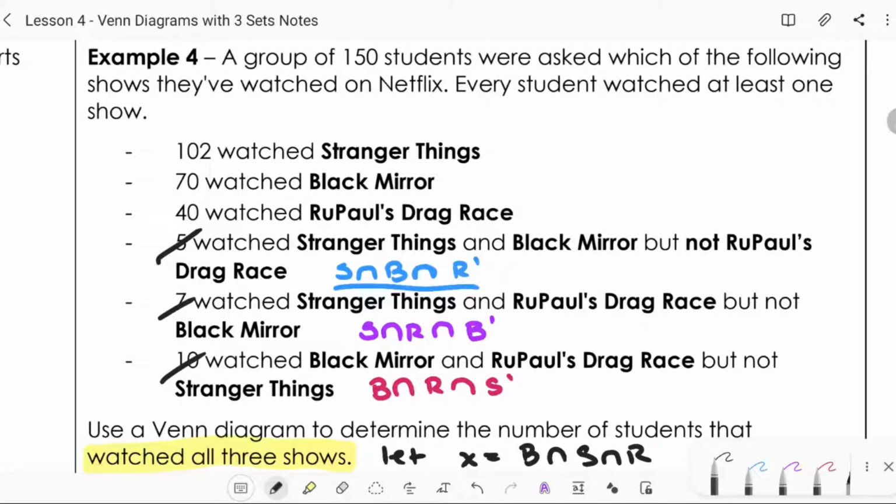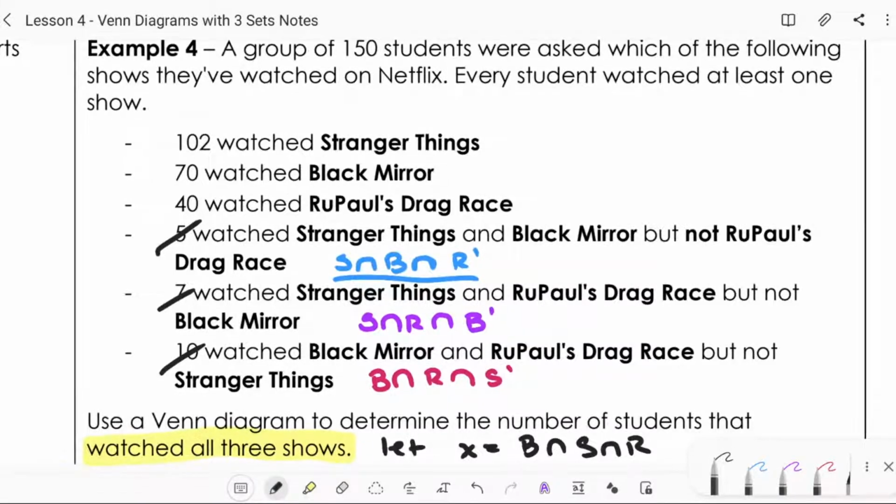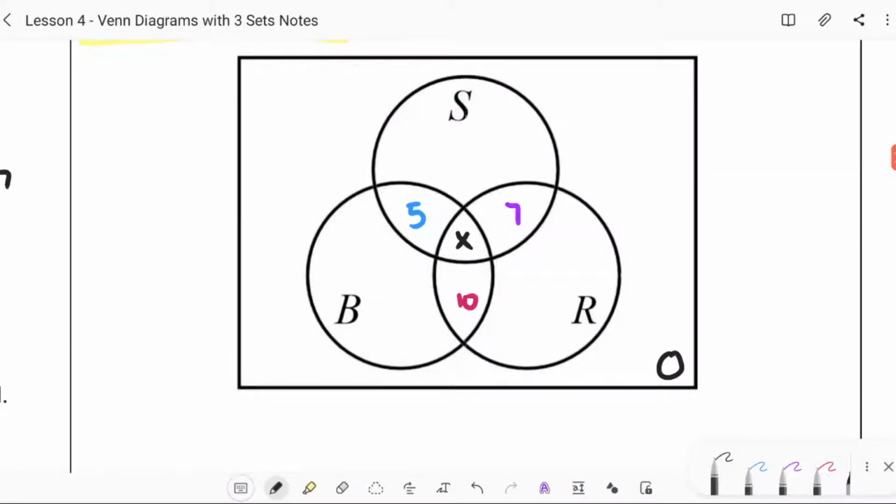We now kind of want to see what else we can do with some of these. All right, so 40 students watched RuPaul's Drag Race, right? The total of set R should be 40. So 40 minus 10 minus 7 minus x is the value of R. I don't know x yet, but I know that this whole thing should total to 40.